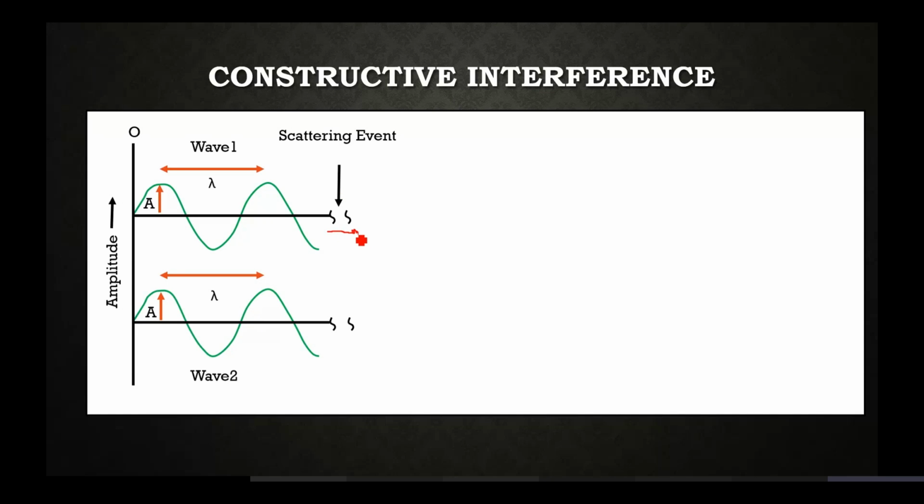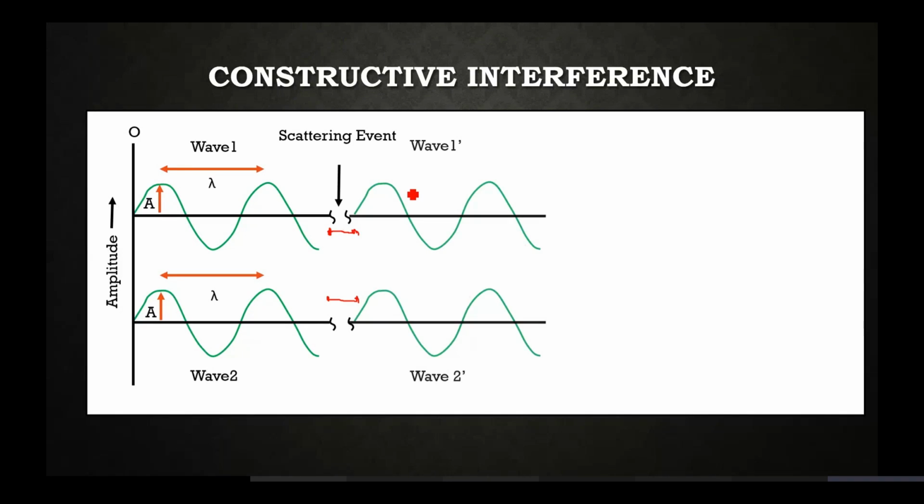One of the events is that after scattering, the waves remain in phase. Amplitude doesn't get affected, but the waves remain in phase. When these two in-phase waves join together, the amplitude gets multiplied.